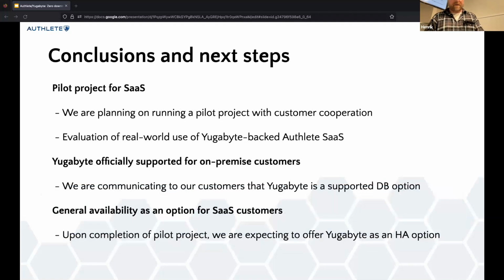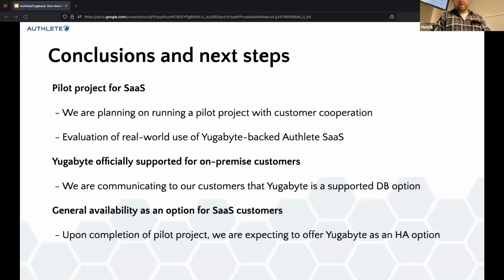So finally, the conclusion and next step: it's working fine, thanks to DevOps pros and support from Yugabyte. We're going to do a pilot project to test this with our customer who is cooperating to get some real world usage data.